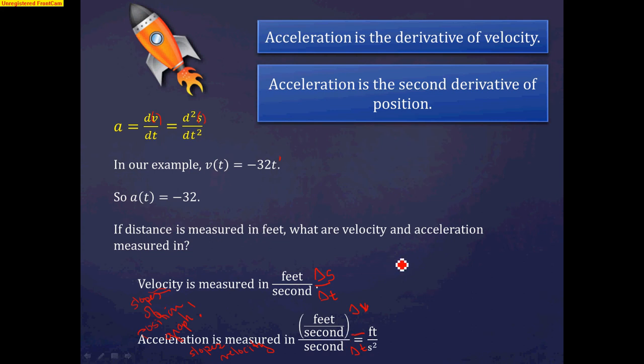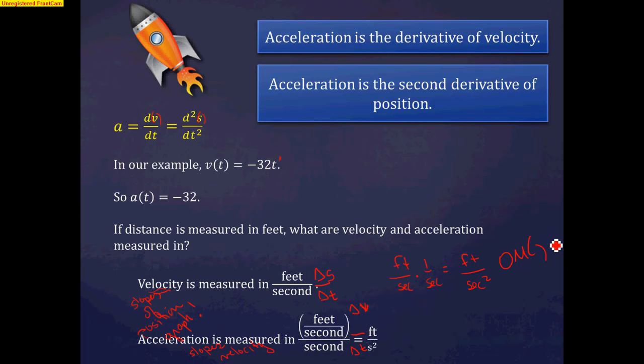I took algebra 1, and I know about complex fractions. Feet per second divided by second is feet per second times 1 over second, which is of course feet per second squared.